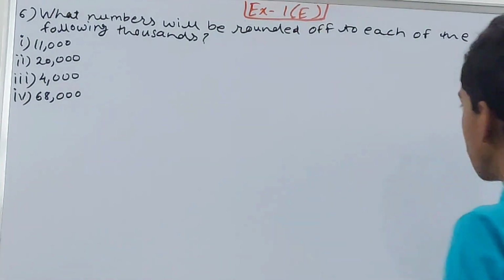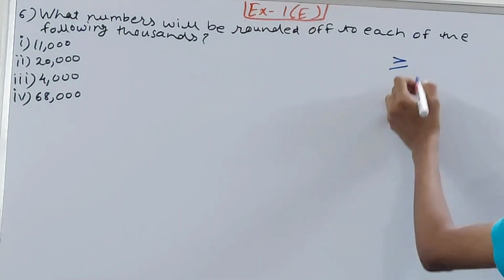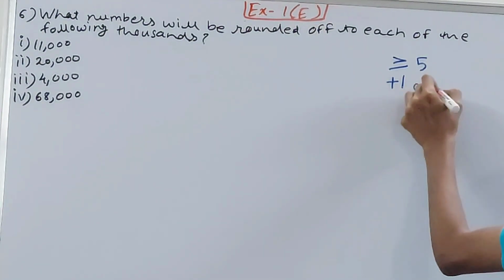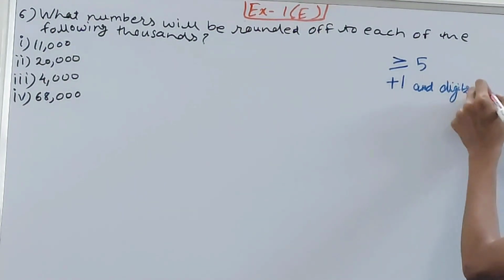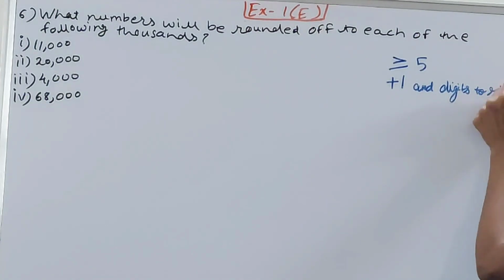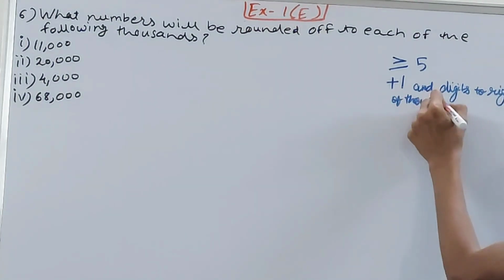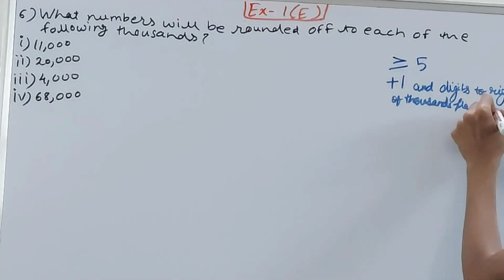So we have studied the rule that if the digit at the hundreds place is greater than or equal to 5, then you will do +1, and the digits to the right of the thousand place become 0.